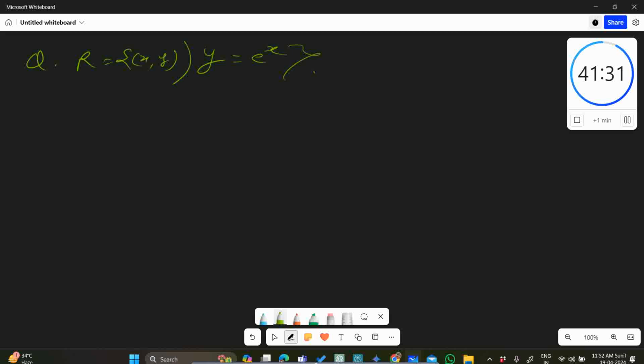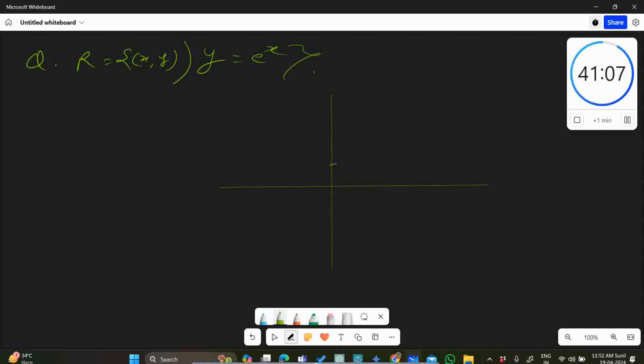So what is the graph for e to the power x? This is the graph for e to the power x. E to the power 0, for x equal to 0, is 1.